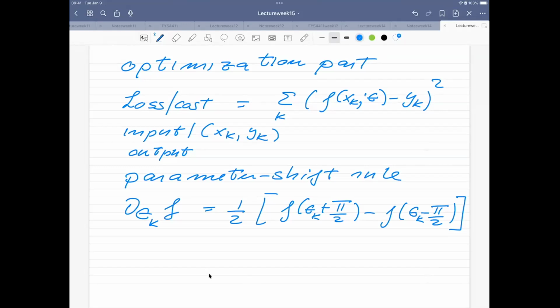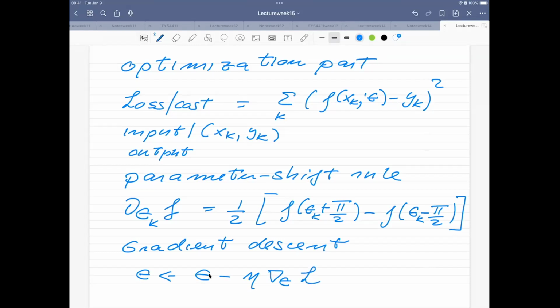So if we go back a little bit to the standard gradient descent, which we implemented in project 1 when we looked at the VQE, then if we just do a gradient descent, the parameters theta, and now I'm just writing them as vectors, so I don't put a subscript, were given by the values from the previous iteration minus a parameter eta, which is the learning rate, times the gradient with respect to the loss function, which in our case is this function f in the notation which I put up here.